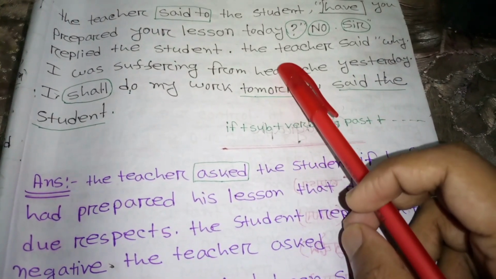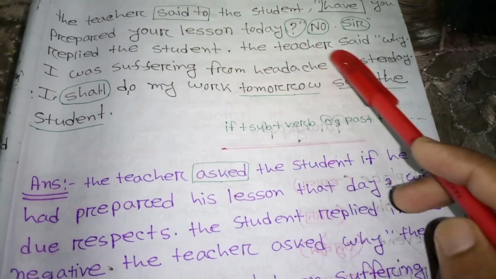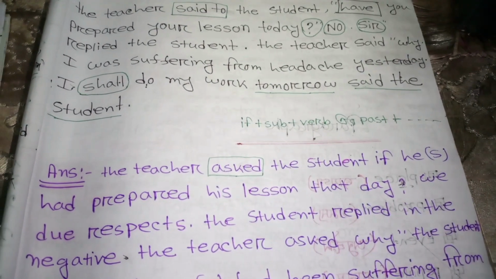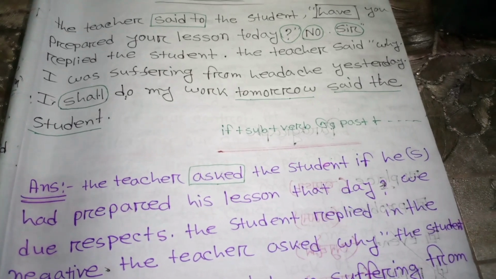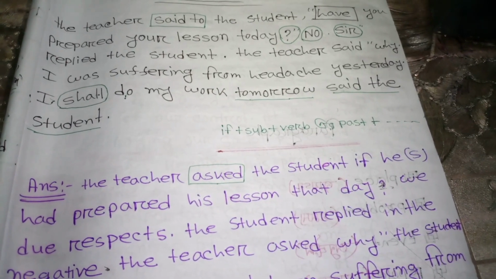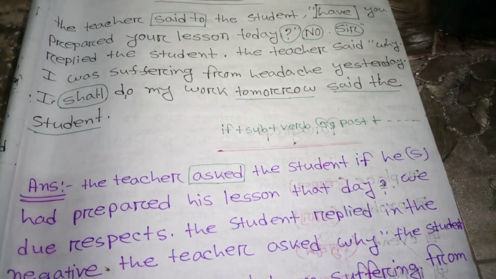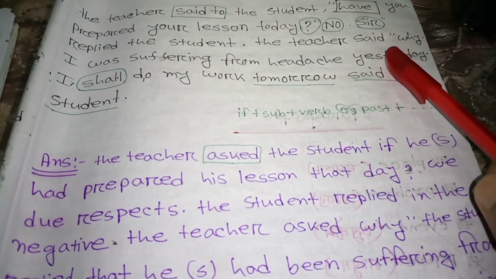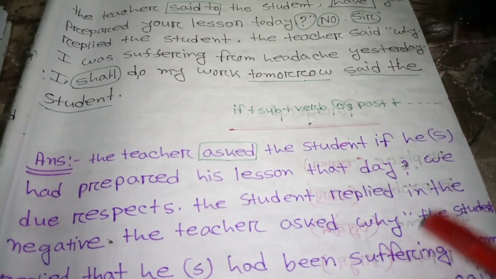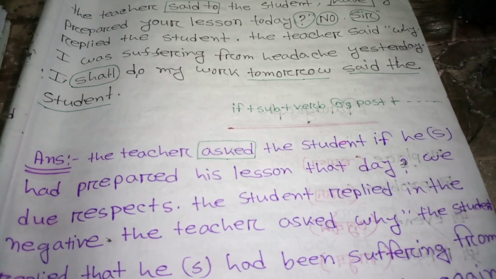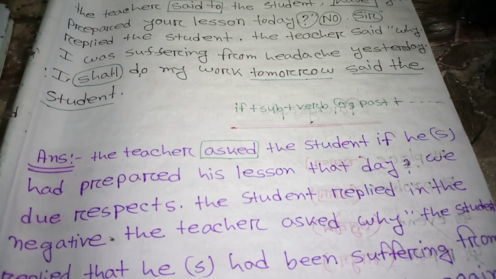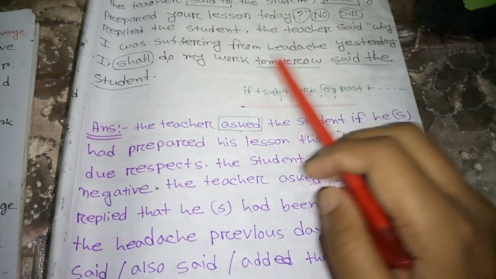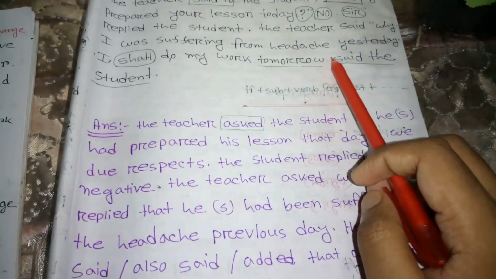And then the third line is the teacher said, "Why?" The teacher asked again a question, and the question starts with a double question word. So we have to write down the teacher asked why, and then the student. Here you can see the student replied, "I was suffering from a headache."